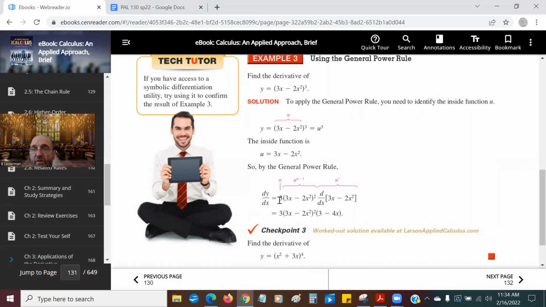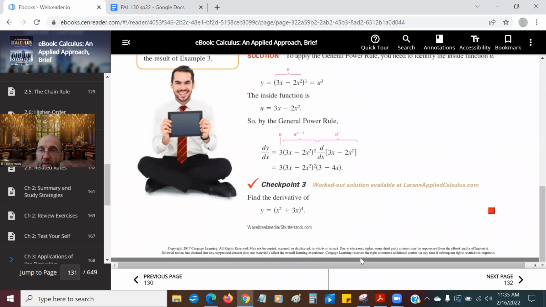So it's 3u squared times the derivative of that inner function u, and the derivative of this is, the derivative of 3x is 3, the derivative of negative 2x squared is negative 4x. And this here is my answer right there. There's nothing to do to simplify it. And there you go.